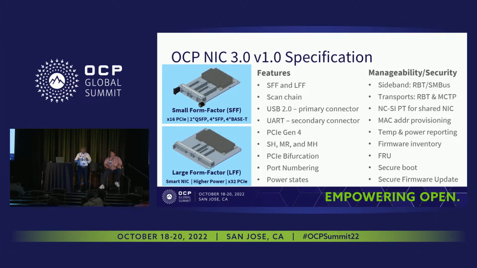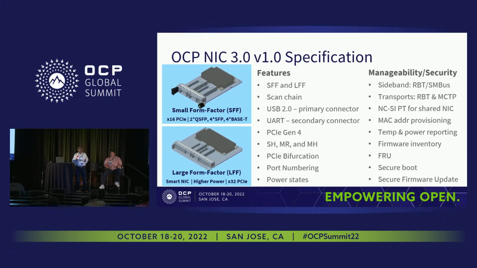Another thing we paid a lot of attention to is the shared NIC model. What I mean by that is that going forward, within a system, you are seeing multiple root complexes connecting to the same NIC. This could be a NUMA type of architecture, or there are other architectures where you have independent nodes sharing the same NIC, and they are all connecting via PCIe. So that's why PCIe bifurcation becomes very important.